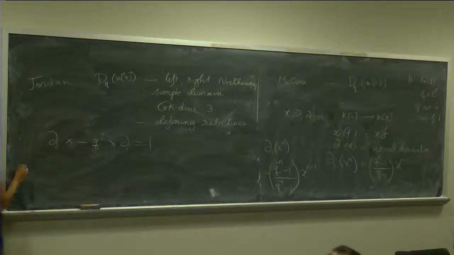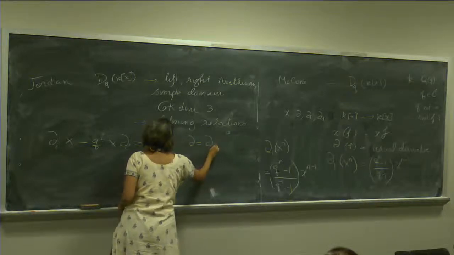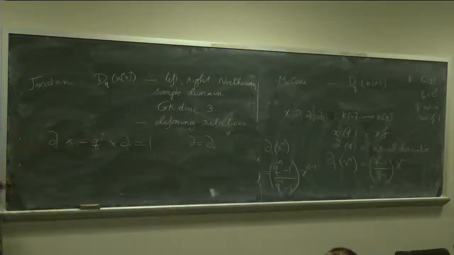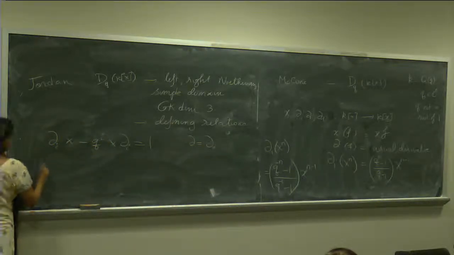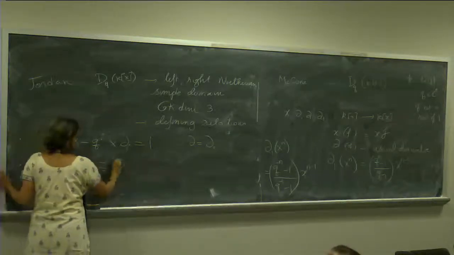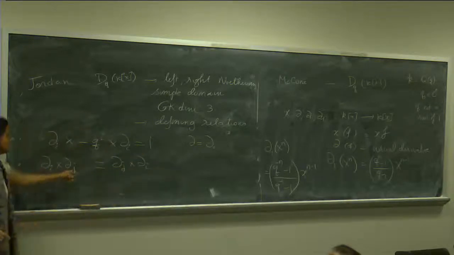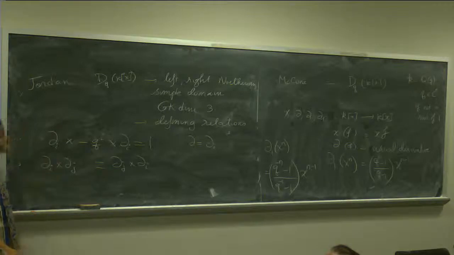You see, where the usual derivative is viewed as del naught. No Q. Then del i x del j equals del j x del i. So notice these del i's don't commute among each other. But if you interject an x, then it's okay.